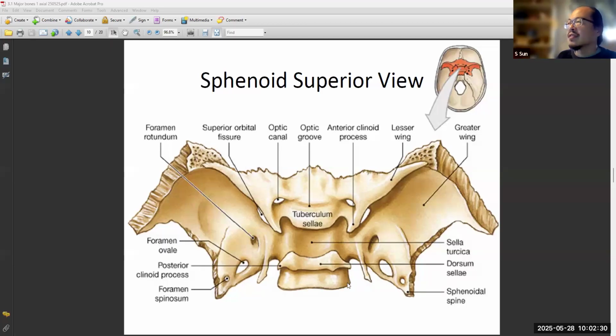Down here you have the sella turcica, where the pituitary gland sits. The sella turcica has two borders: one is the tuberculum sellae, and the other is the dorsum sellae.